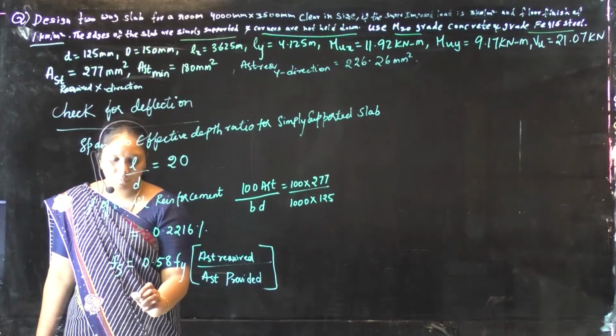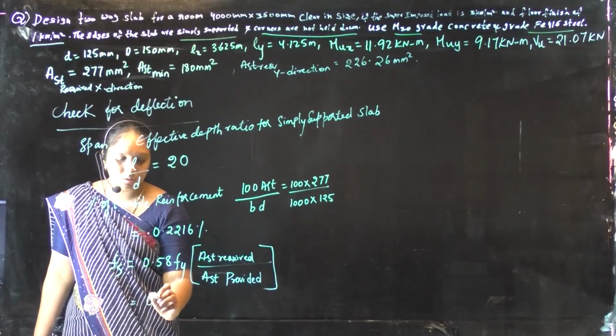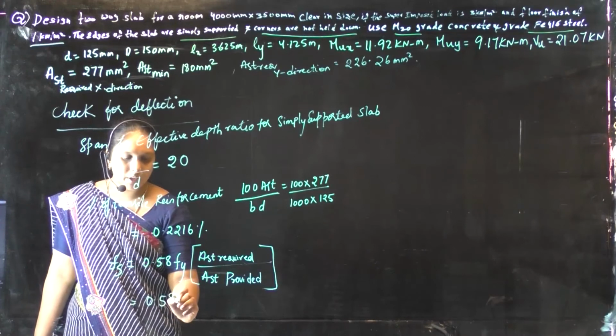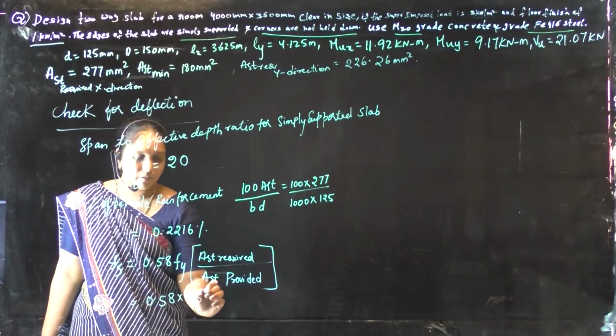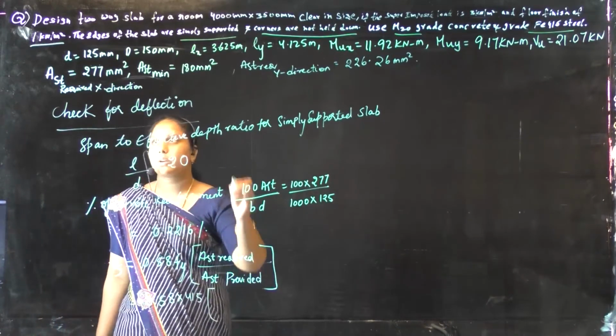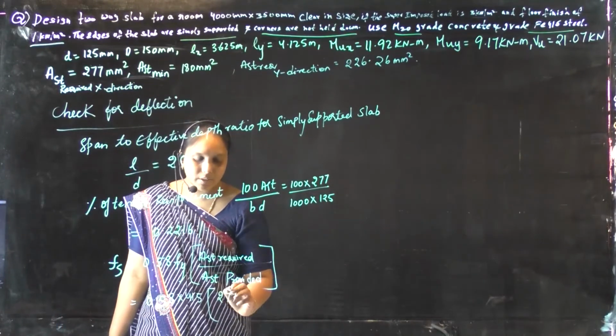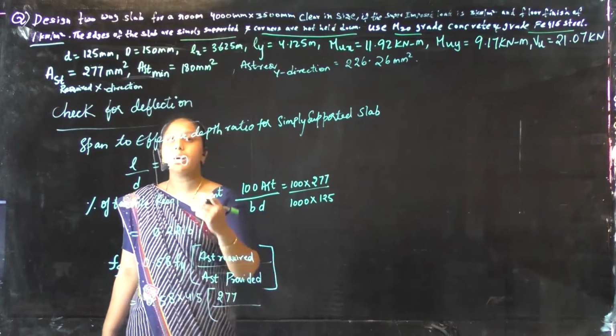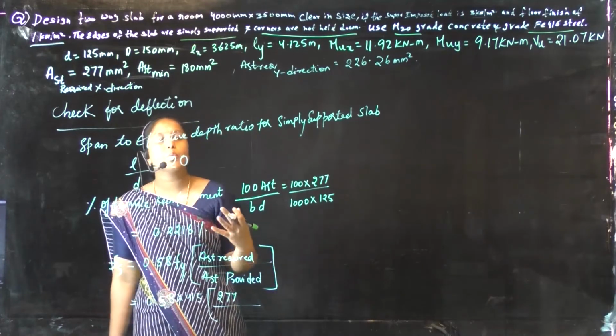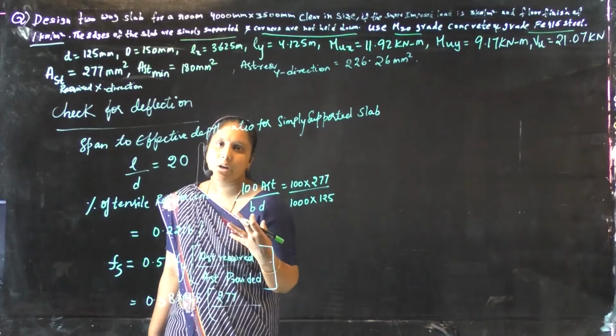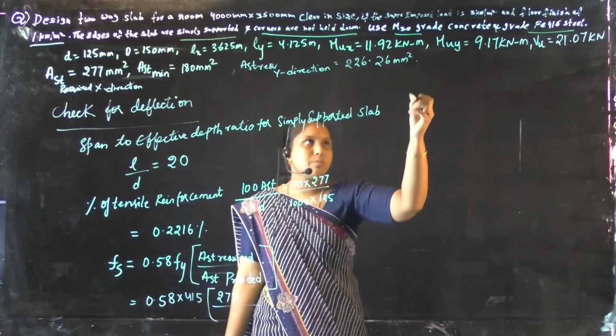So it will be 0.58 into Fy, which is 415, into Ast required, which we got here as 277 mm square, divided by the Ast provided. So we have to calculate the Ast provided here.